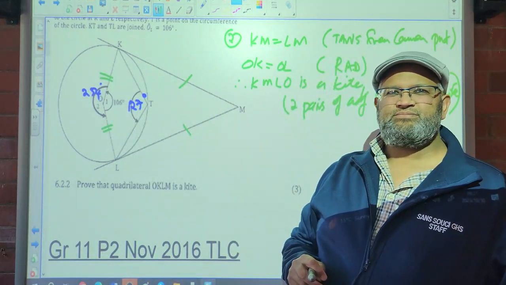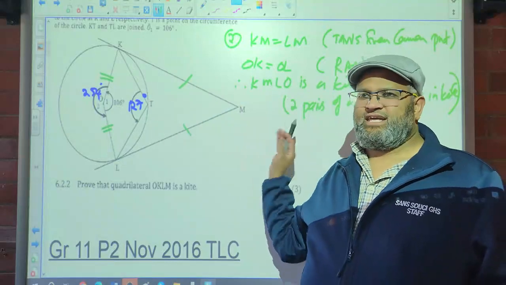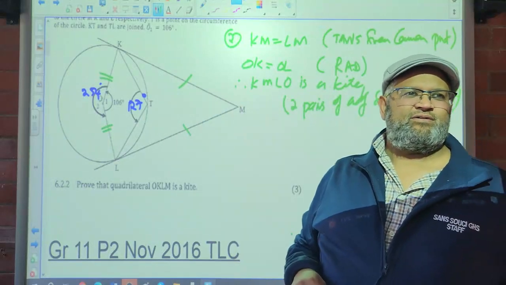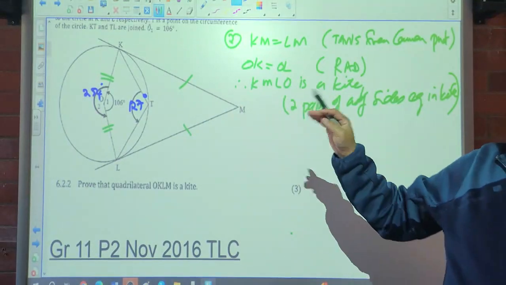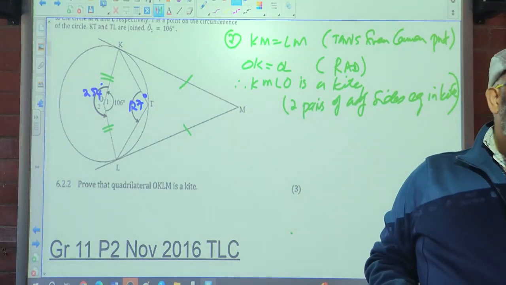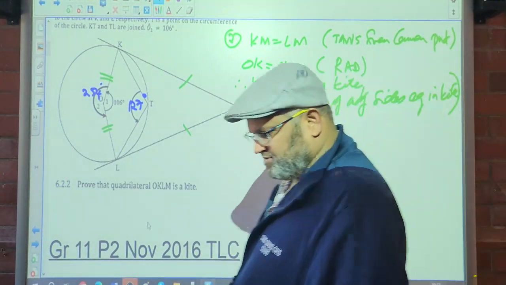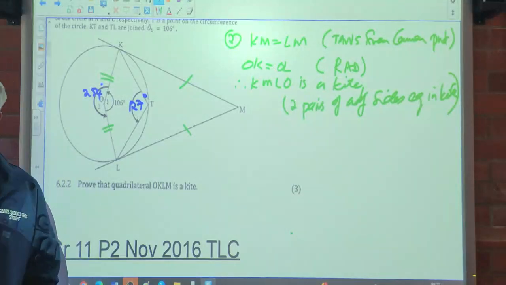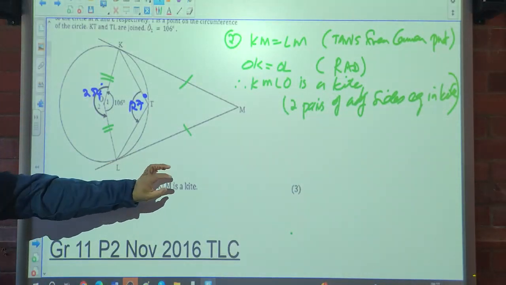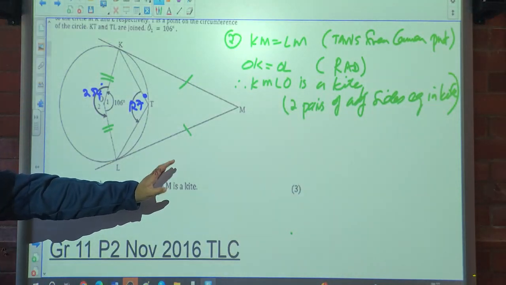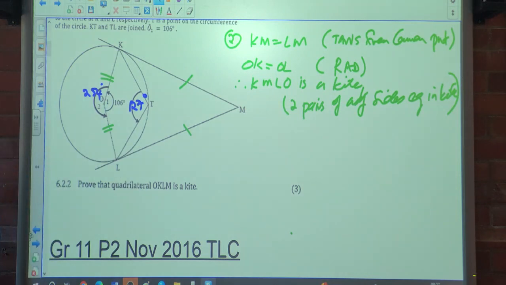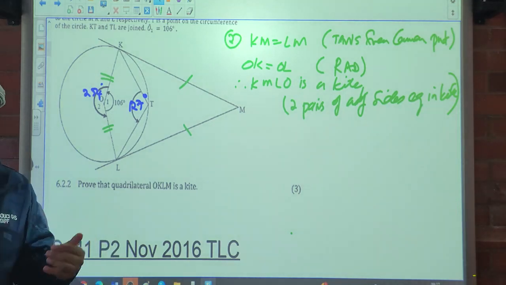If I draw diagonals, then I can bring all the other four properties into this kite here. So at this point we have proven it. Also, if you didn't manage to prove the kite here, in the next question, if needed, we can use the properties of the kite to answer the next question. Okay.